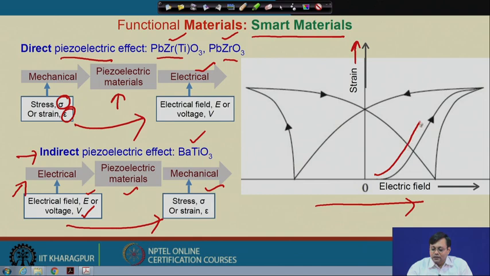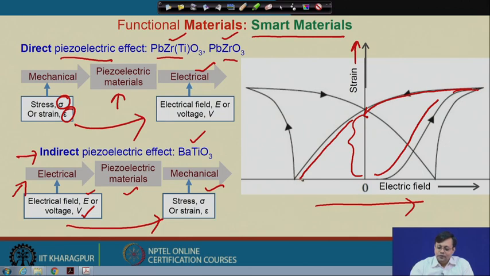If we give some electric field, current or voltage, then definitely it gives some mechanical stress or strain, and then if we reduce the electric field to 0, there is some residual strain that remains in the material, which can be recovered when we give a negative electric field.